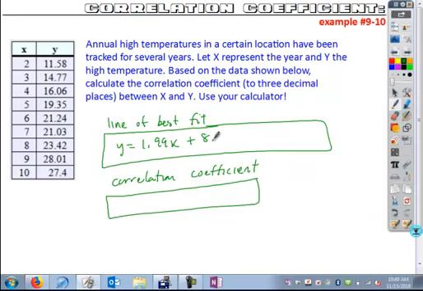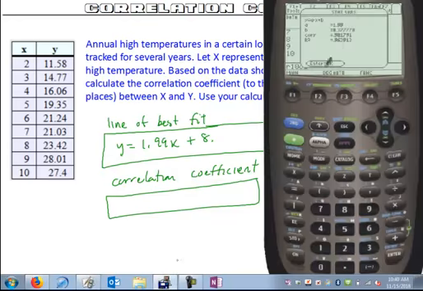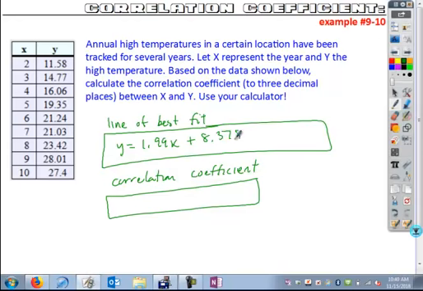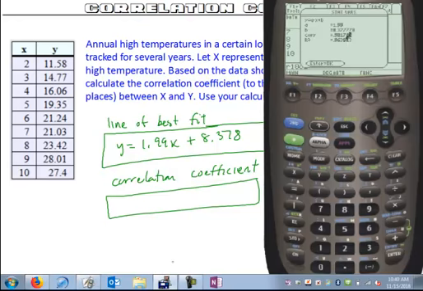So plus 8 point, or actually it rounds to 3, so 8.378. So there's my line of best fit. Okay, and then the correlation coefficient is located right here, 0.981791. Again, to 3 decimal places, it's 0.982.